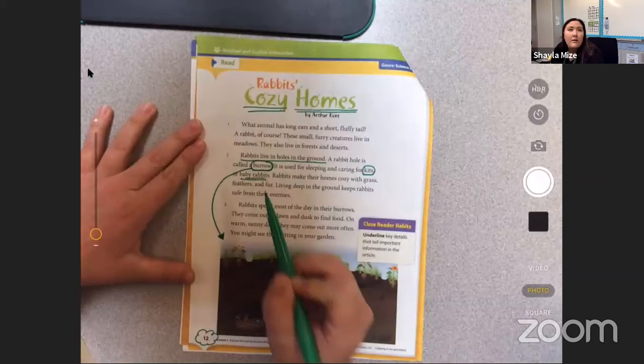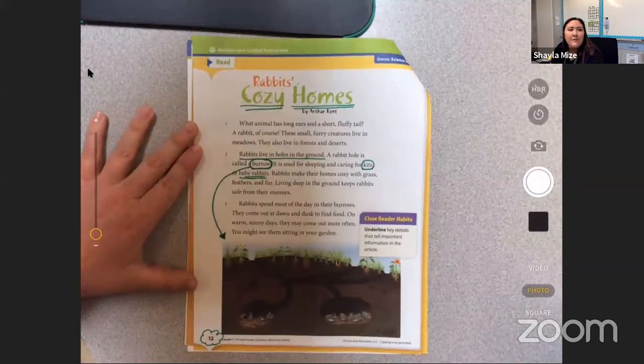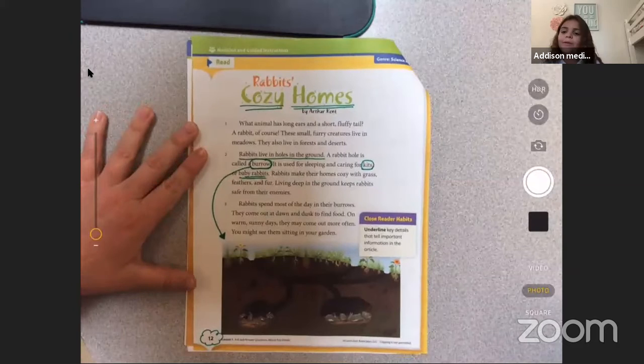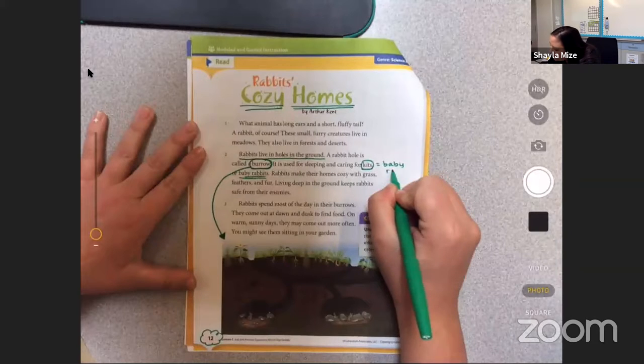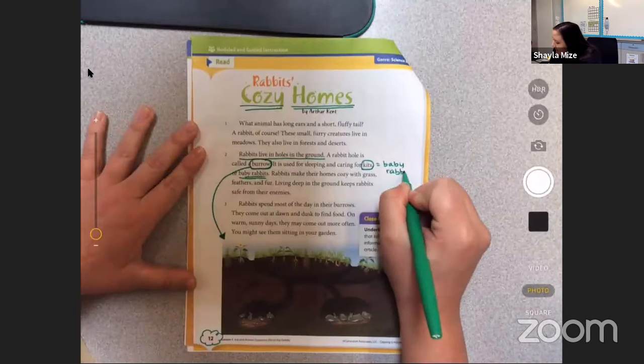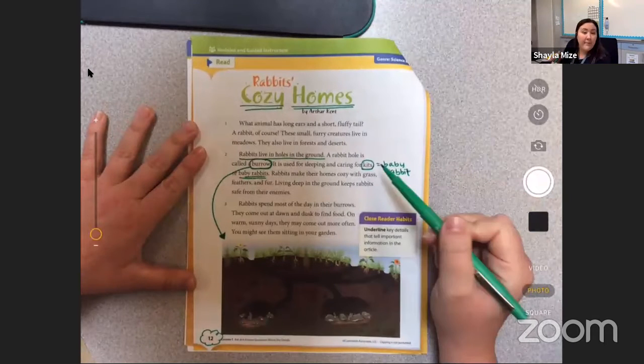What, Addison? What is a kit? A baby rabbit, I think. Ooh, so a kit is a baby rabbit. I just want to make sure that we understand that. Okay, so we have burrows, which are the holes, and kits, which are the baby rabbits.